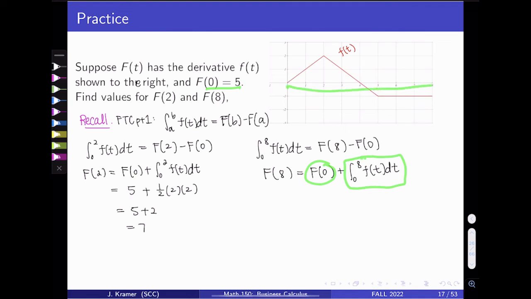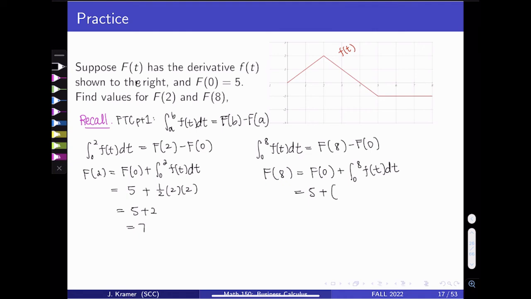Now, this is going to take a little bit of finagling because I have a triangle above the x-axis. That'll be positive area. And then I have a triangle below and then a rectangle. And so that's how I'm going to break up my area to find the value of the integral. So I have 5 plus the area of this larger triangle above the x-axis. The base is 4 and the height is 2.